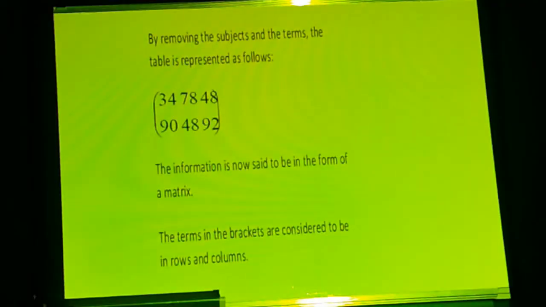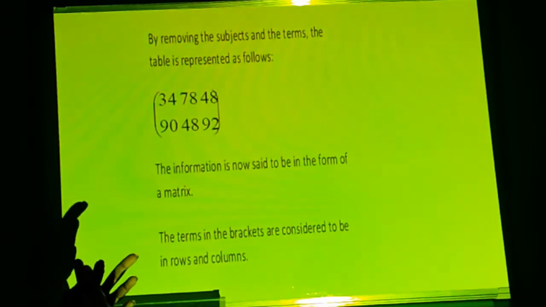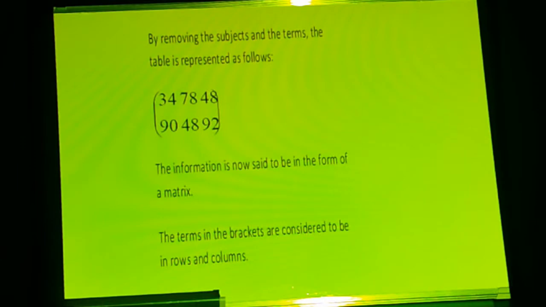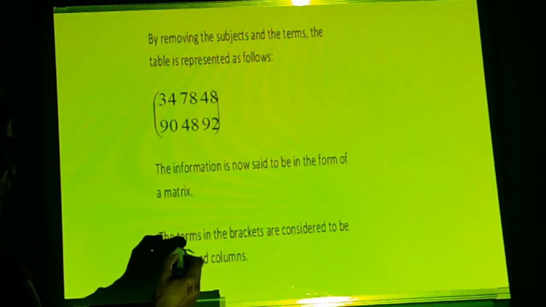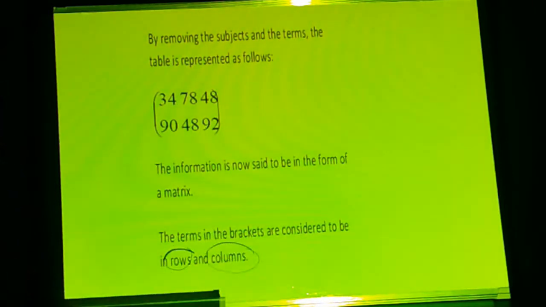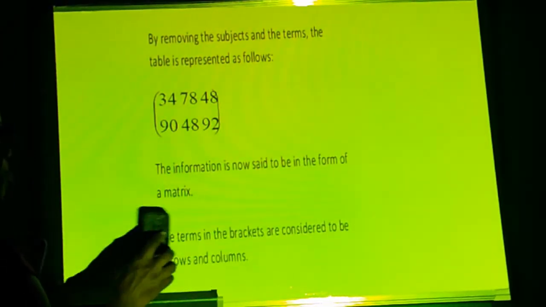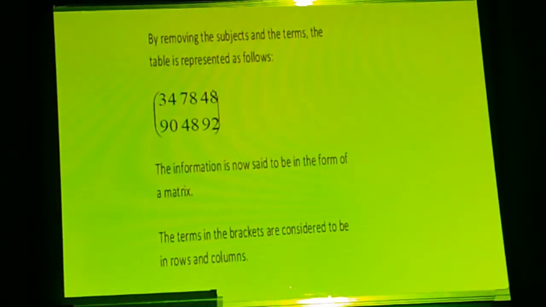The terms in the brackets are considered to be in rows and in columns. Now you may be asking, rows, columns, what are they? Let's talk a little bit about these two terms.